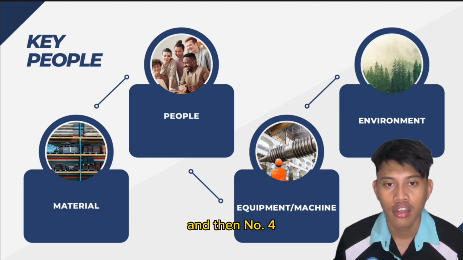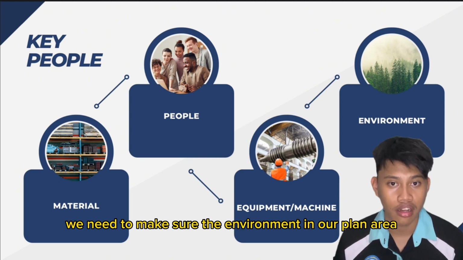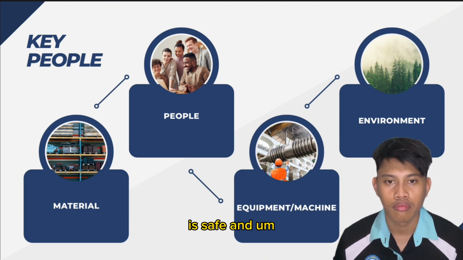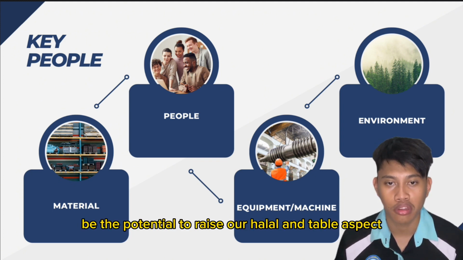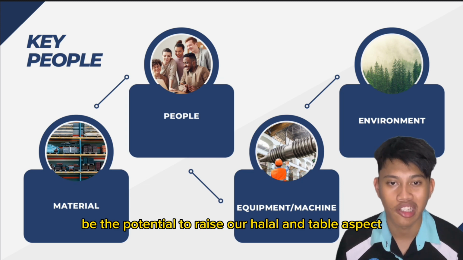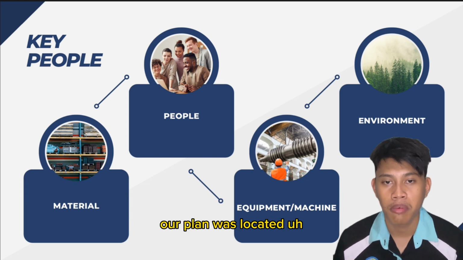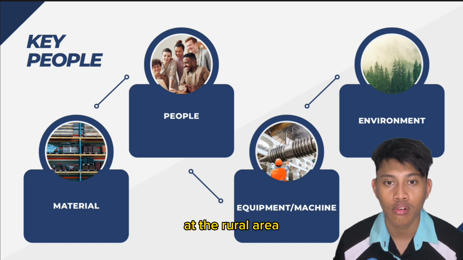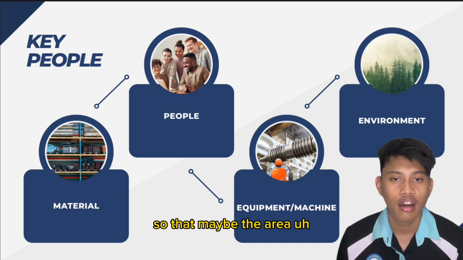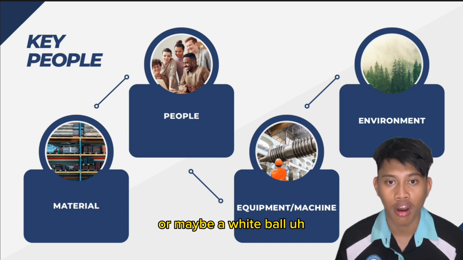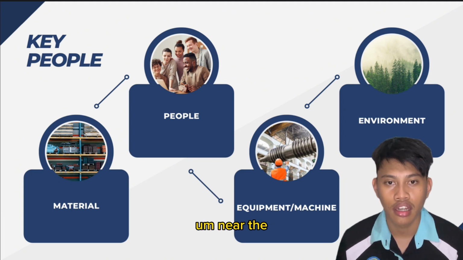Number 4, we need to make sure the environment in our plant area is safe, and does not pose a potential risk to our halalan and tayyiban aspect. For example, our plant is located in a rural area, which may have a lot of dogs or maybe wild boar near our plant area.